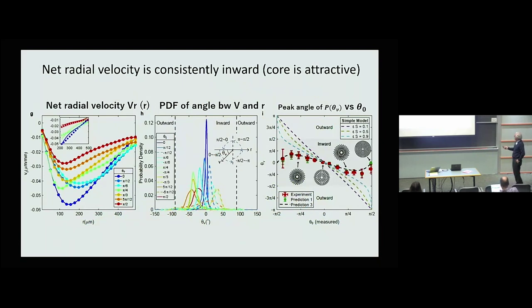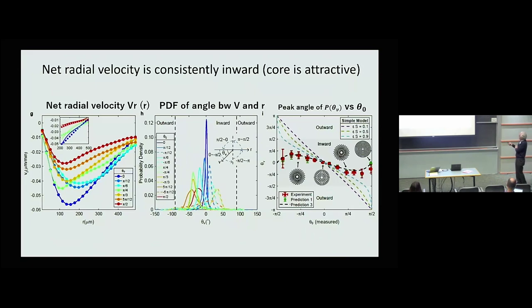Here we change from target pattern to spiral and back to target pattern, and they all lie in this hatched region. The hatched region is where the flow is inward. If the angle of the velocity field relative to the origin direction is less than plus or minus 90 degrees, the flow is inward. Outside here, outward.